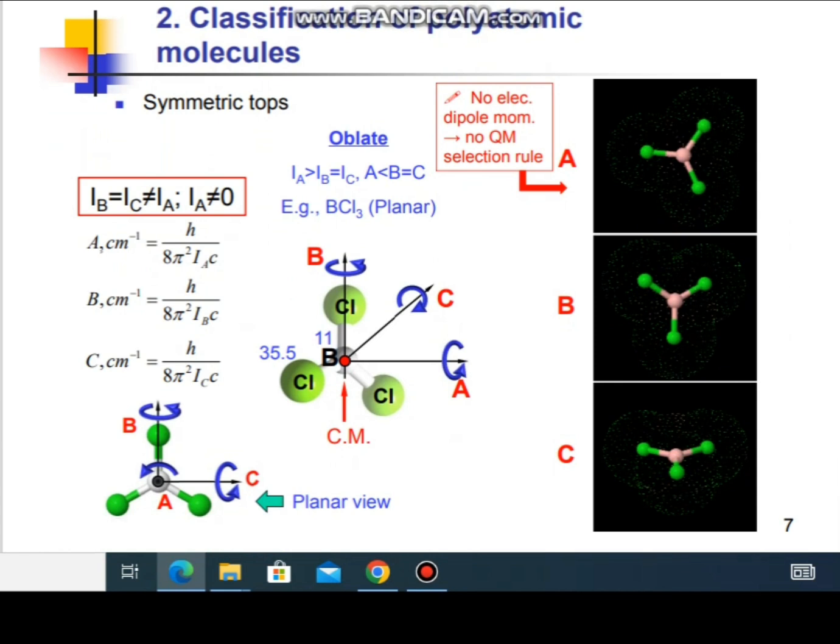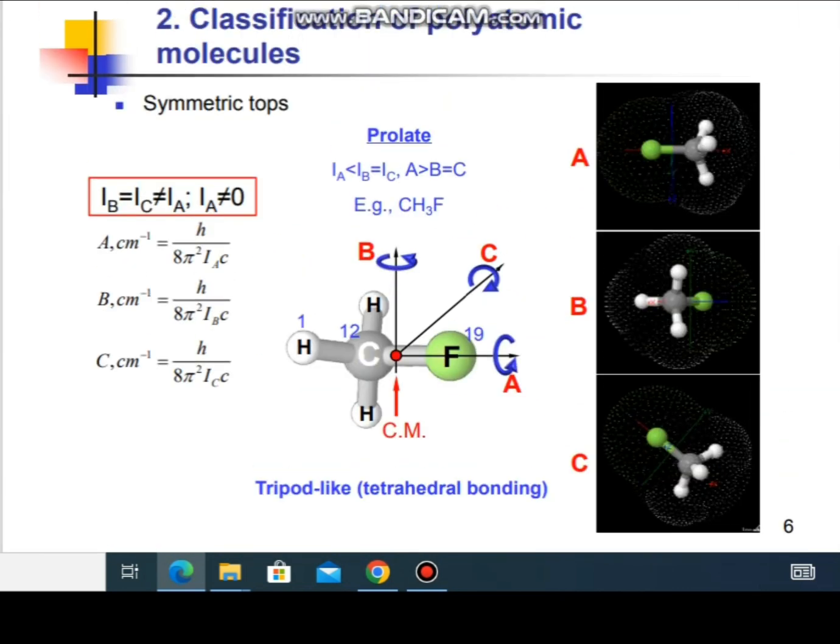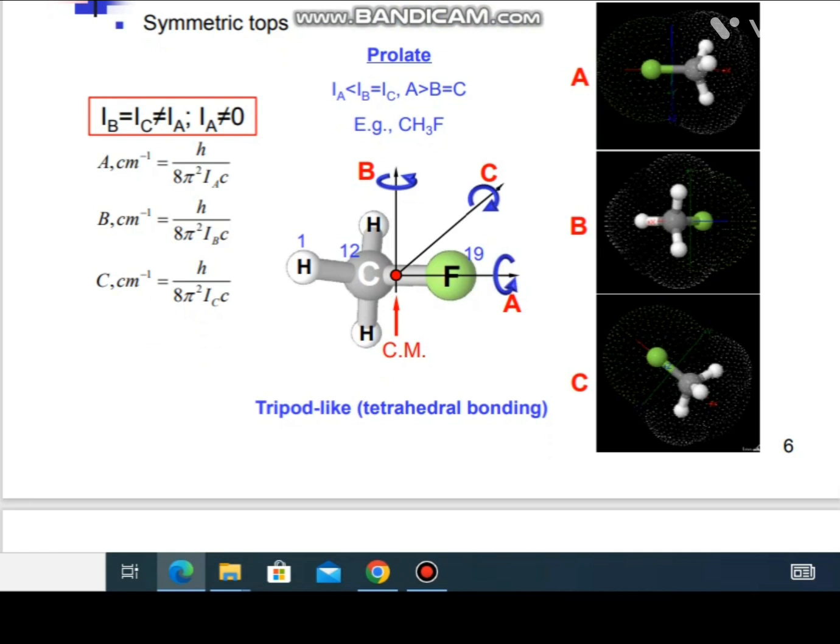For BCl3 also there is a possibility to rotate along the A, B and C axes. But in this case IB is equal to IC but not equal to IA. IA is not equal to 0 because when it is rotating along the axis A, there is a movement of the hydrogen atoms.